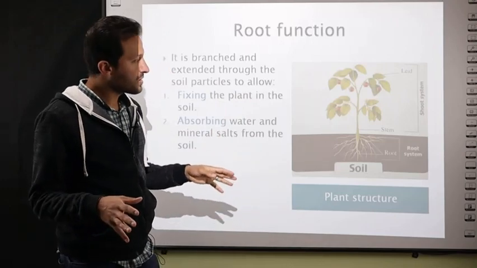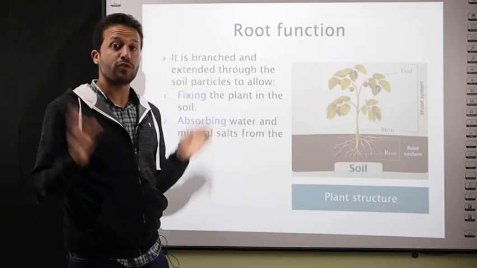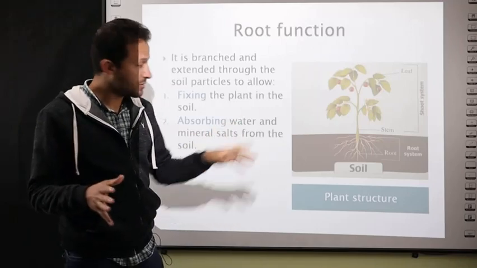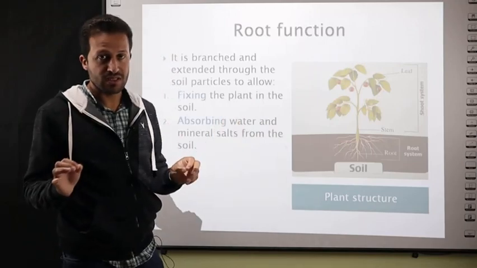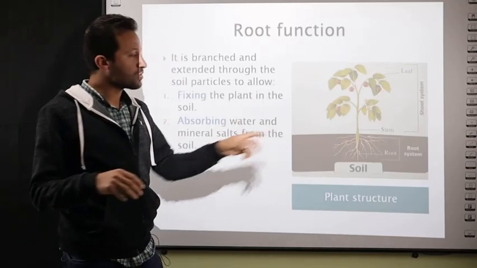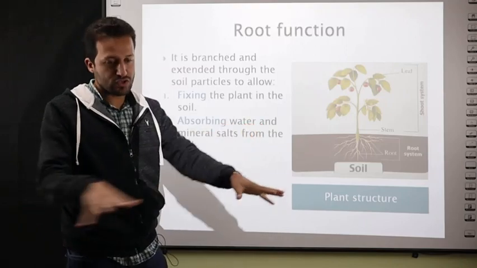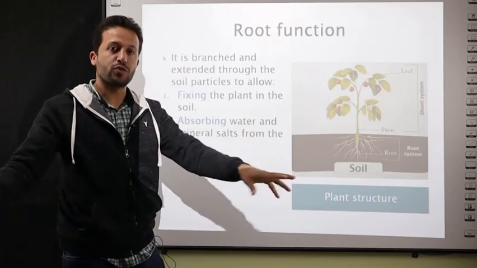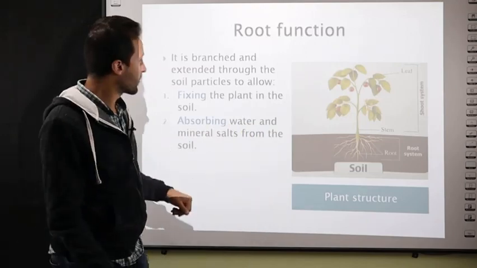Why? Because the root is searching for water. Root importance number one is absorbing water and mineral salts from soil. So the roots move through soil, searching for water and mineral salts all over the soil.